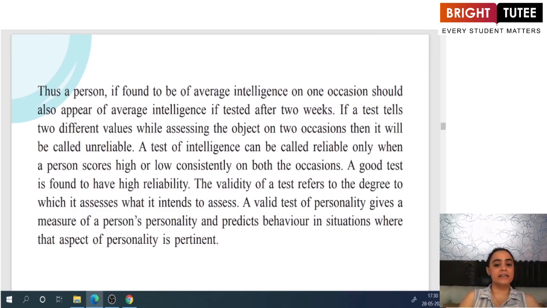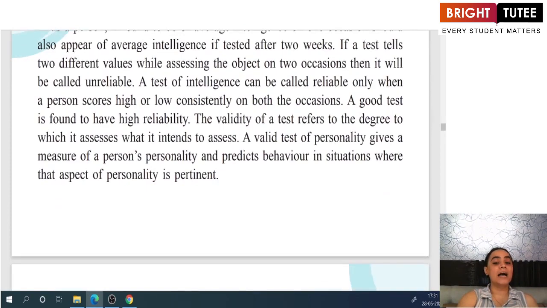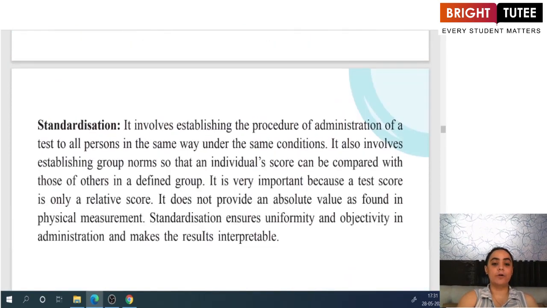So a valid test of personality gives you a good measure of one's personality. It tells something about the behavior of that person in different situations where the other aspects are kept static. It will be called valid only if you get the desired result for which you wanted to conduct the test.